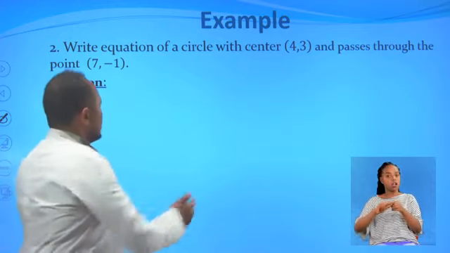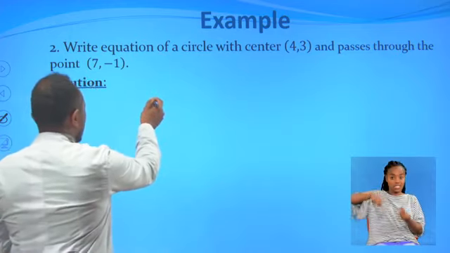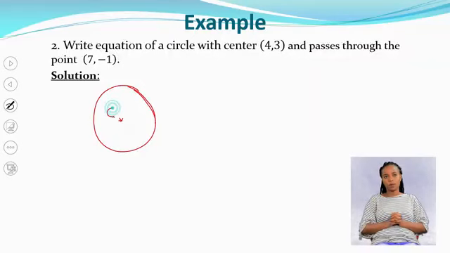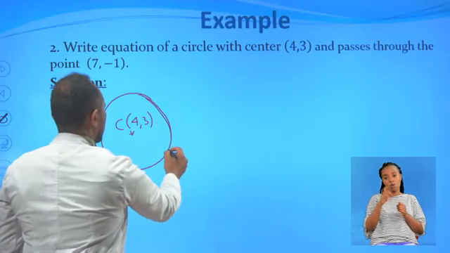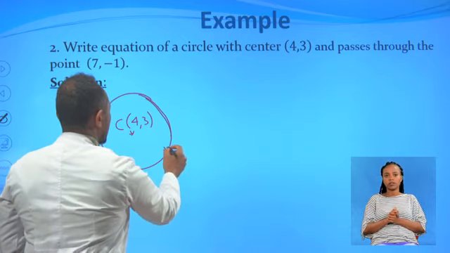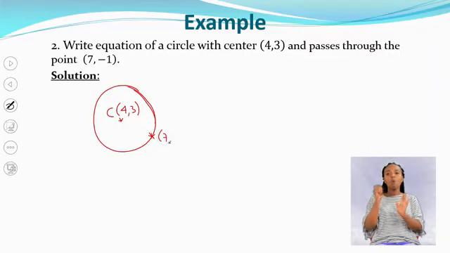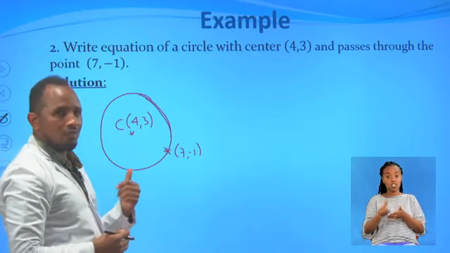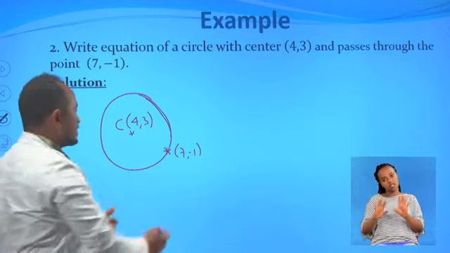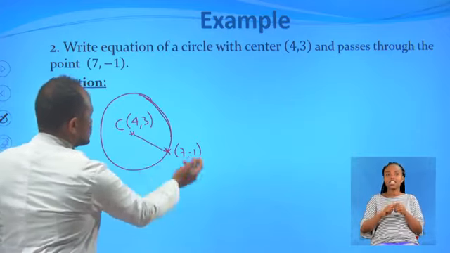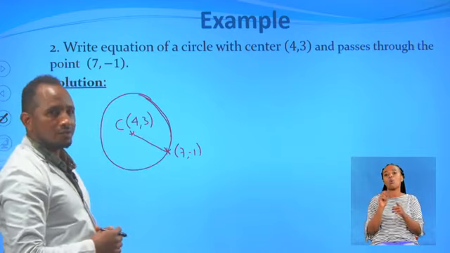So if you draw the circle, the center is given to be 4, 3, and this circle passes through the point 7, negative 1. We have the center and need to find the radius, but as you can see here, the radius is the distance between these 2 points. So you can find the radius.